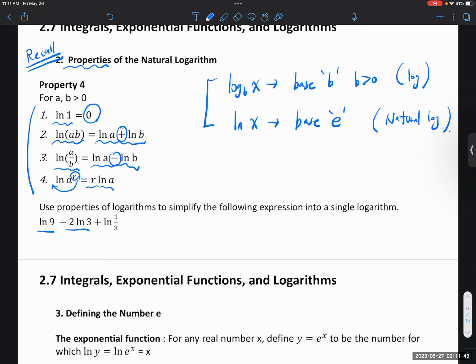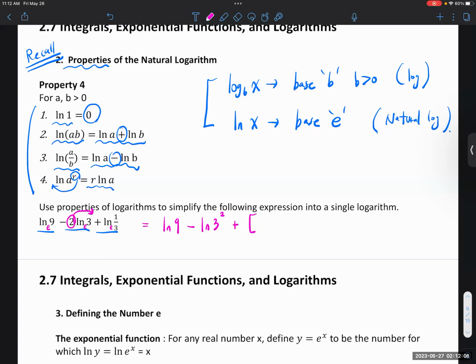ln 9 minus 2 times ln 3, ln 1 over 3. So I want to condense it. Since it is ln, you know that the base is an invisible e. There's an invisible e. So we have the same base, you can combine it. So that would be ln 9, then ln 3. You can bring the 2 to the back as a second power.